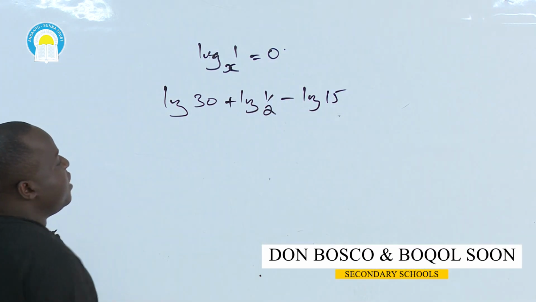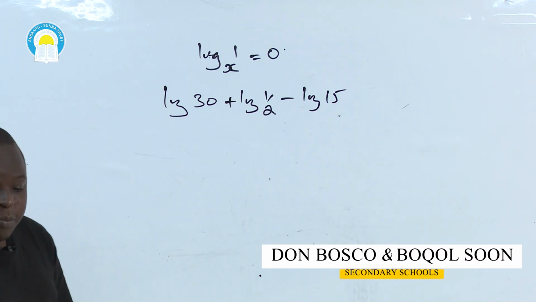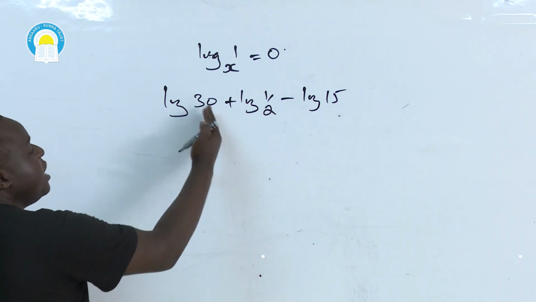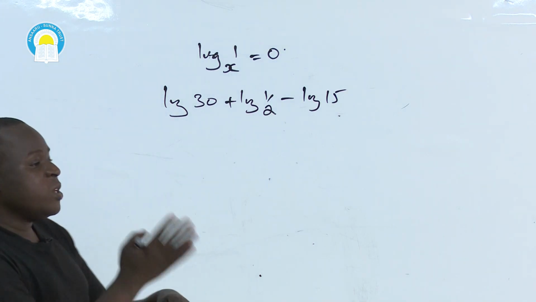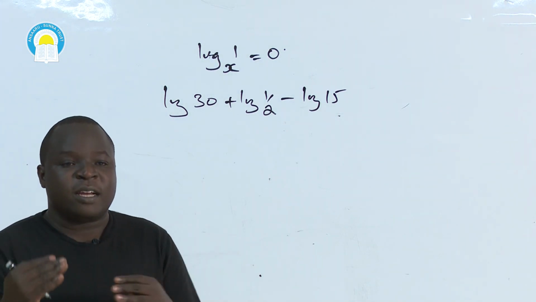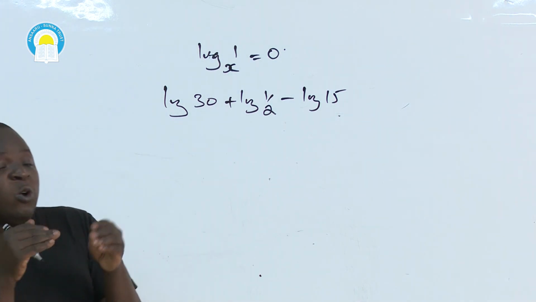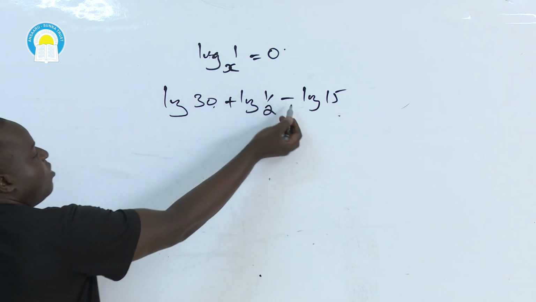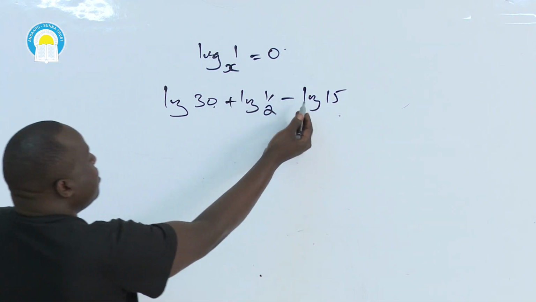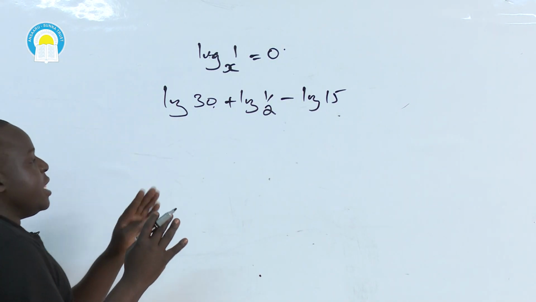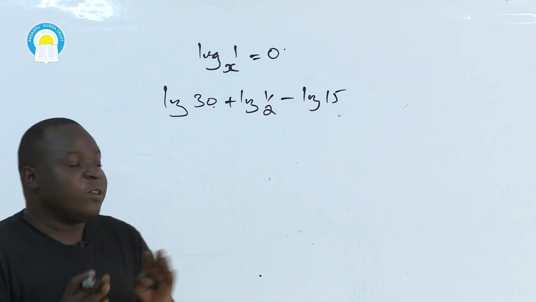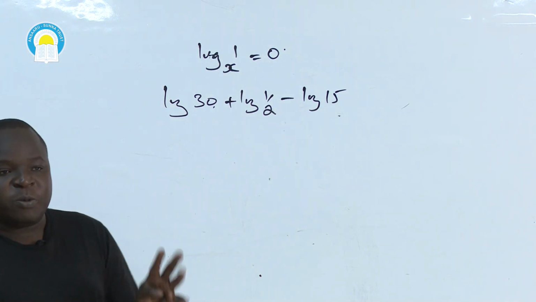I'm supposed to simplify this. So in the simplification, it's all about the first and the second log. But in the process, as you keep doing the question, some other law might come in, first law, second law, because I see addition and subtraction. The main thing is to simplify your expression as far as possible.